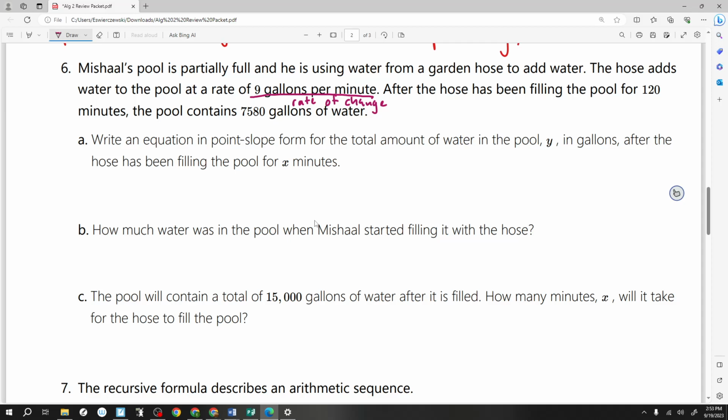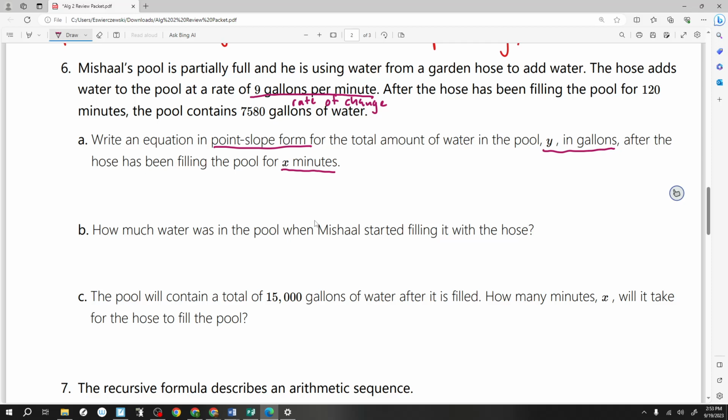Write an equation in point slope form for the total amount of water in the pool, Y. So Y is the amount of water in the pool in gallons after the hose has been filling the pool after X minutes. So X is representing minutes, Y is representing gallons.